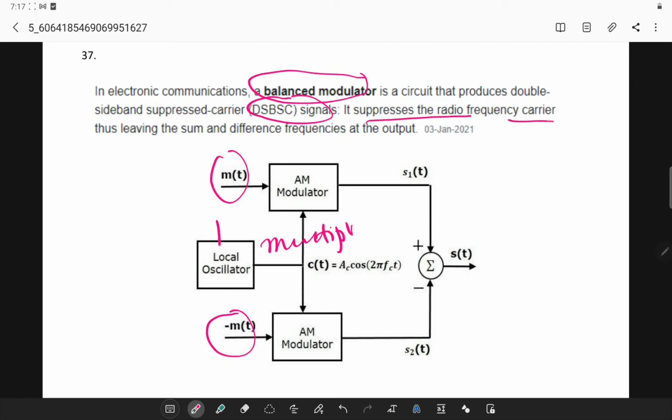It basically suppresses the radio frequency carrier, thus leaving the sum and difference frequencies at the output. You will have S1 of t and S2 of t. So just remember, balanced modulator is related to DSB-SC, where you are multiplying with the local oscillator signal.